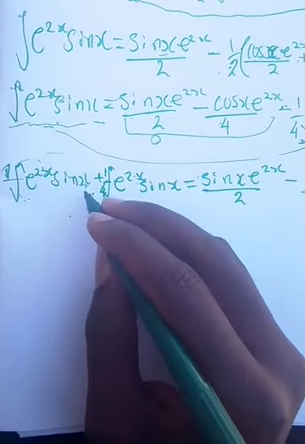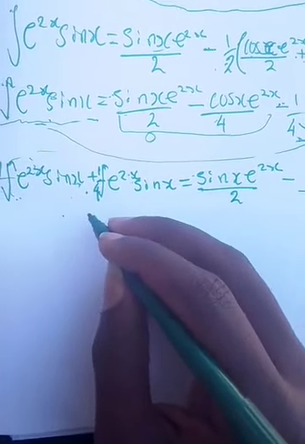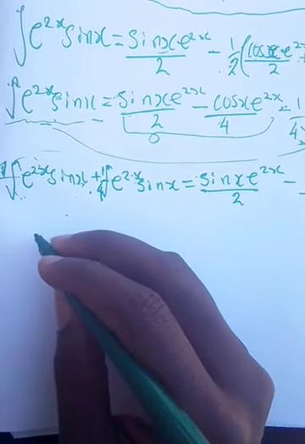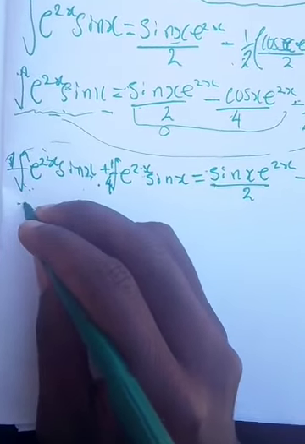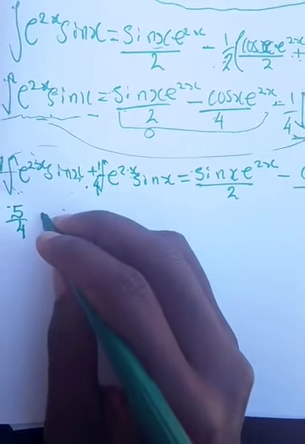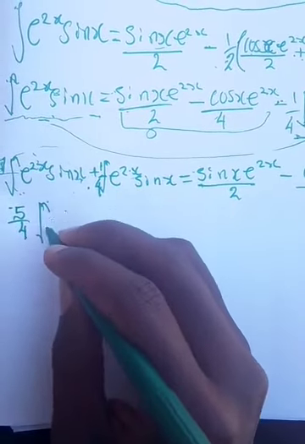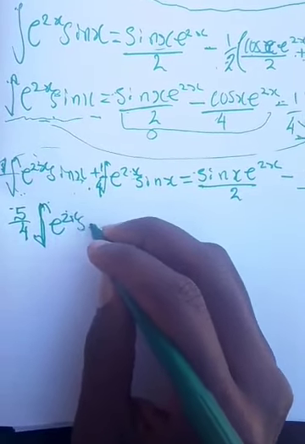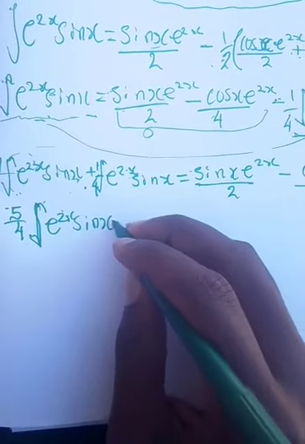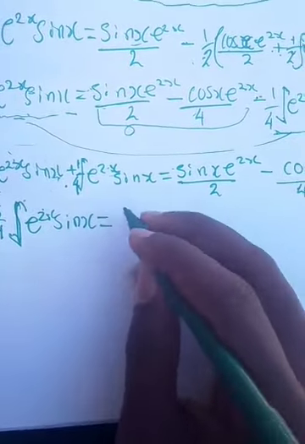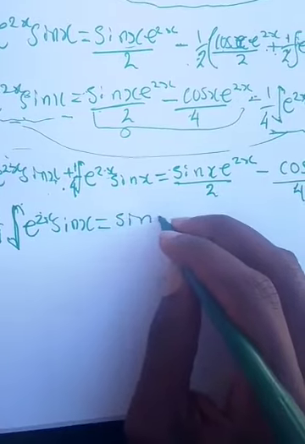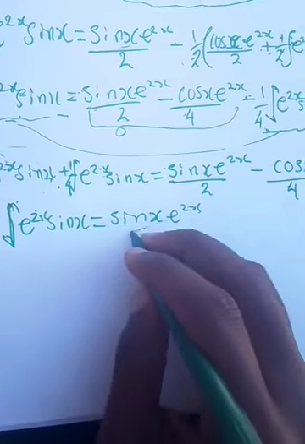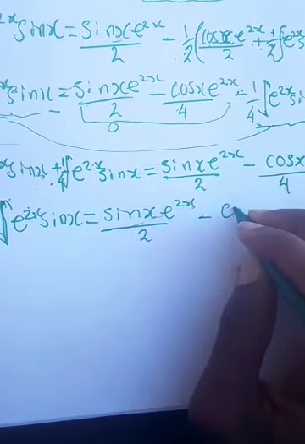When you sum that up, it's going to give you 5 over 4. Then the integral, let me write them properly, e^(2x) sin x equals sin x e^(2x) over 2 minus cos x e^(2x) over 4.